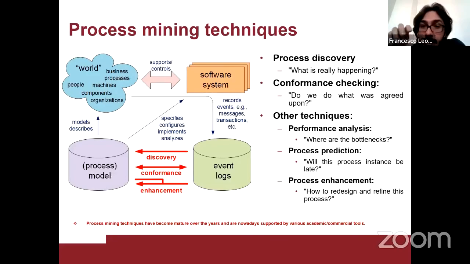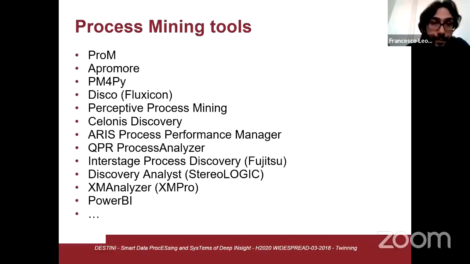In particular, we also have other techniques, for example performance analysis, where we want to understand where the bottlenecks in our process are, or prediction. And nowadays there are a lot of different supporting tools for process mining. We have ProM, which is probably the most famous one in the open source scenario. ProM is a plugin-based tool.